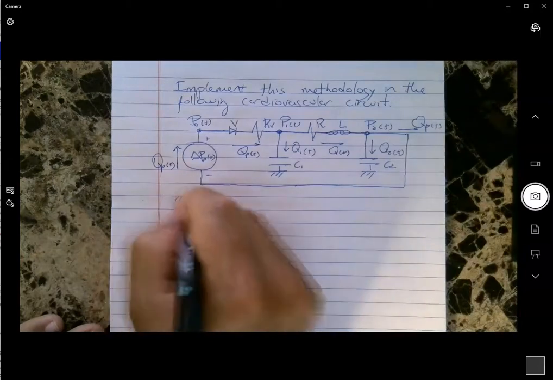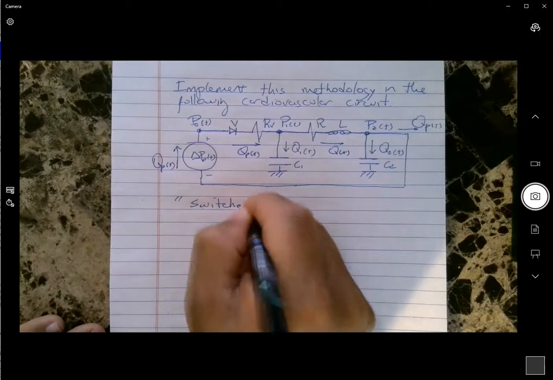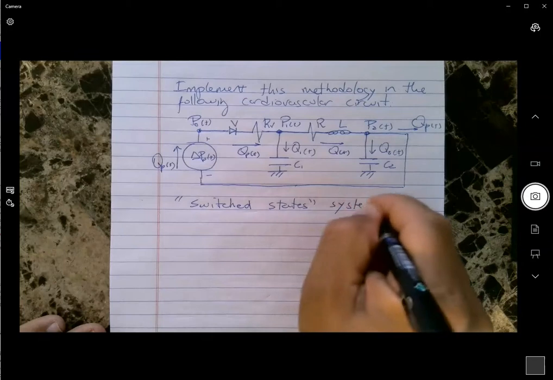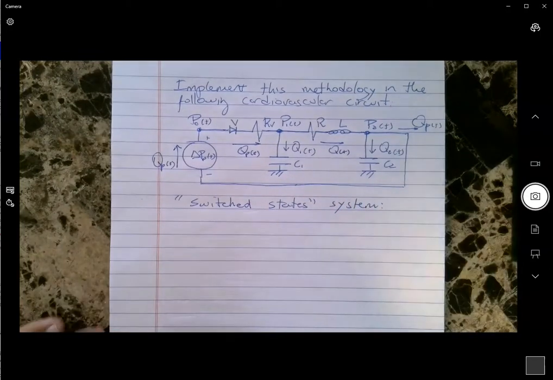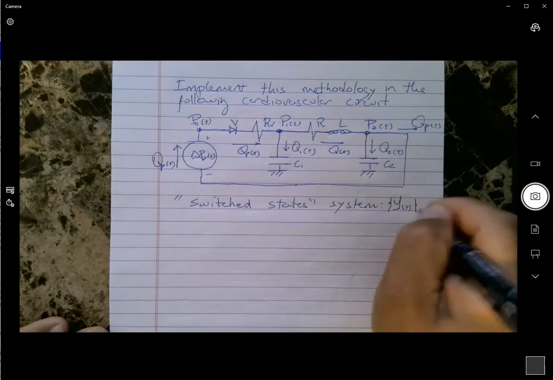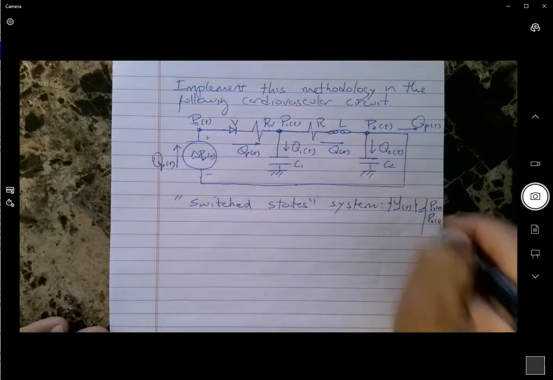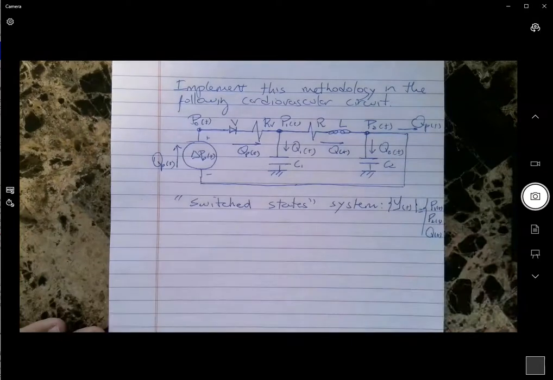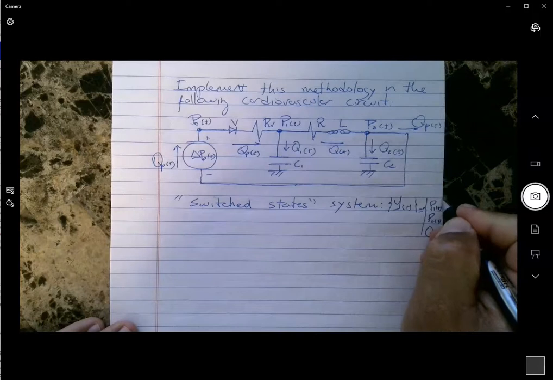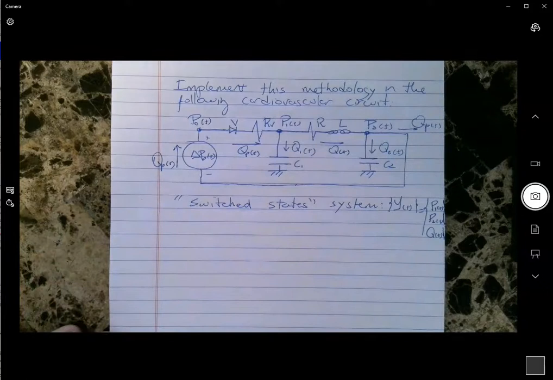So we have a switched states system, where the vector is P1, P2, and Q of T. So we're going to write it in that order, slightly different from how we wrote it in the notes last time. So the vector of state variables is this P1, P2, and Q.